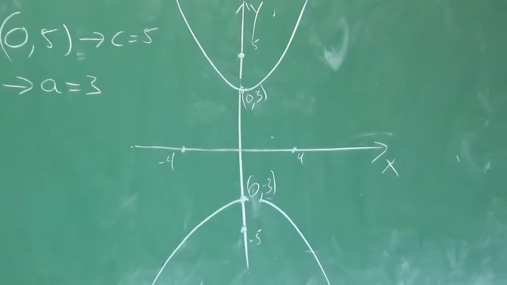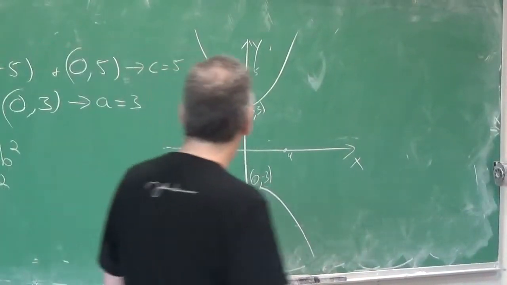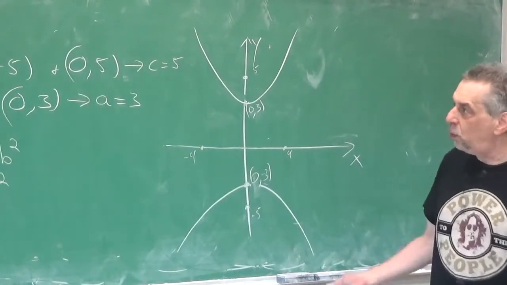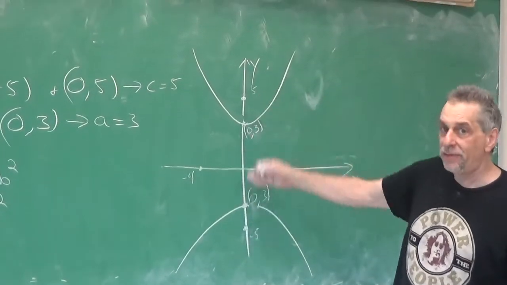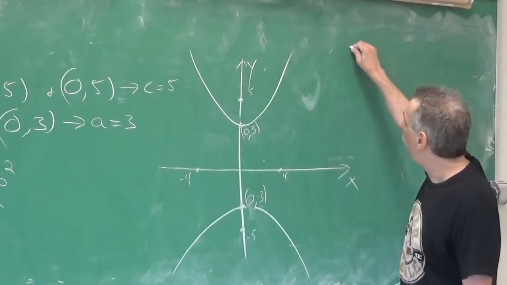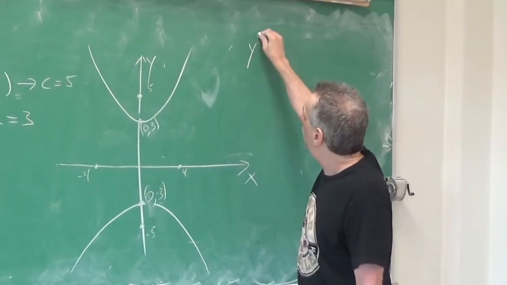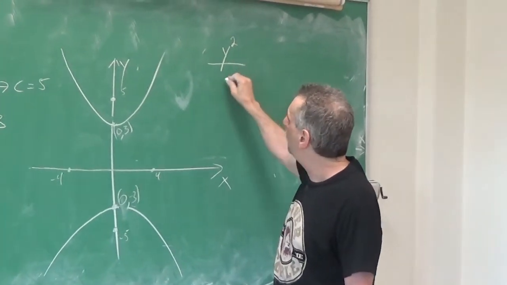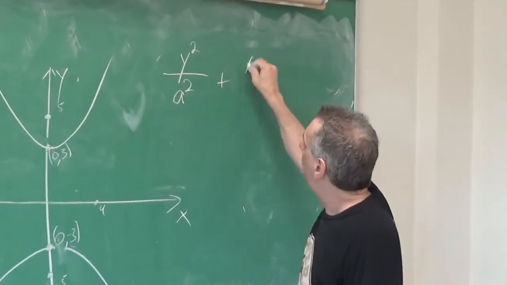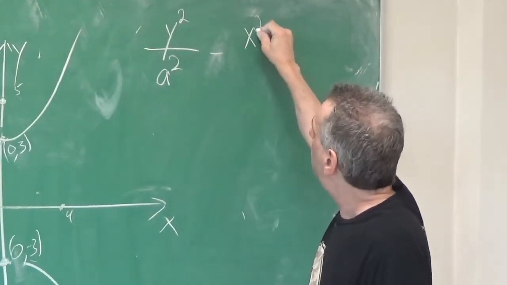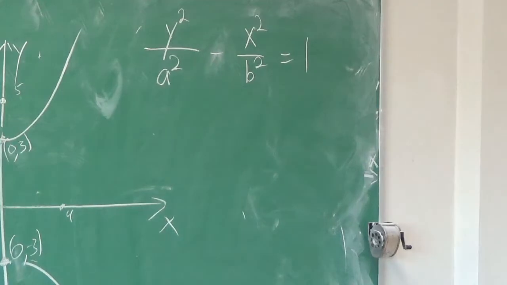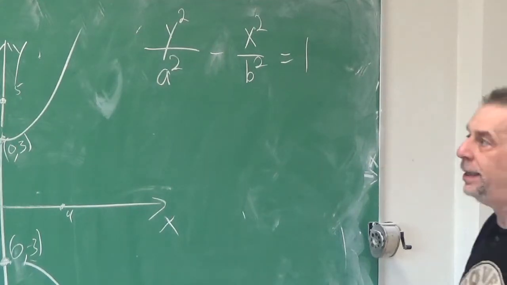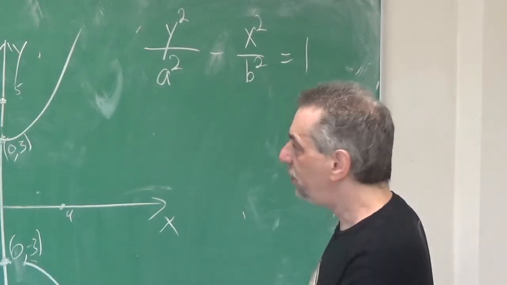And we wanted to find the equation, right? So now we have A, B, and C, so this tells us what the equation is going to be. We know it's along the y-axis, so we know the positive fraction is going to be the y's. So we're using this form: y squared over A squared minus x squared over B squared equals 1. So now we're just going to plug in the A and the B here. The A is 3, the B was 4.